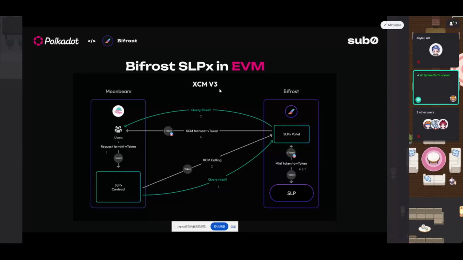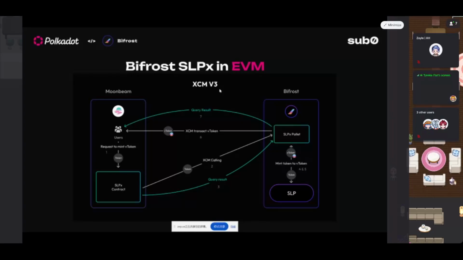And the SLP module will start working to mint that token into a V token and give it back to the SLPX pallet. Once the SLPX pallet receives it, the V token will be teleported back to the source chain's user's address.